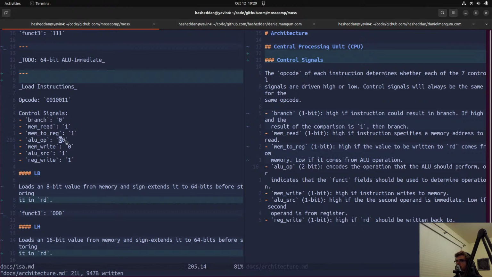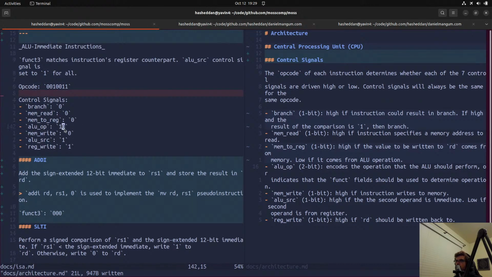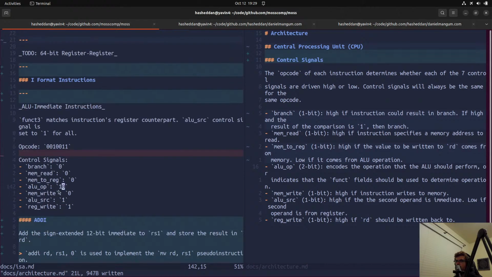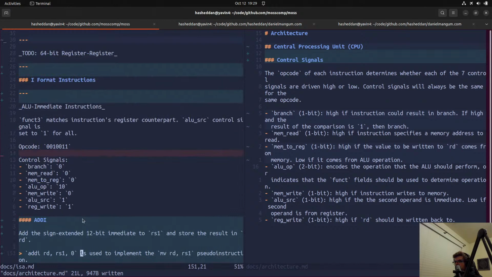ALU op 00, in this case it's adding because we have an offset, I believe. And we also mentioned that the ALU op 10 is basically saying we're going to tell you what to do with funct3, I believe.